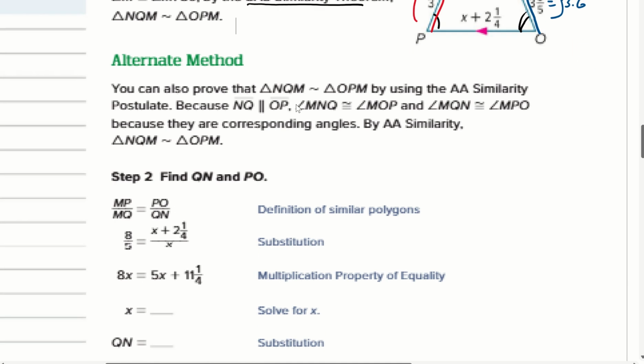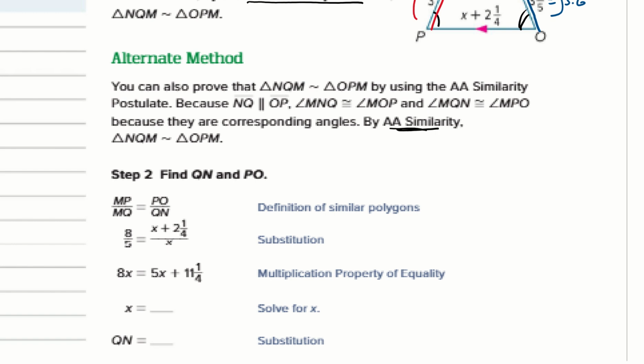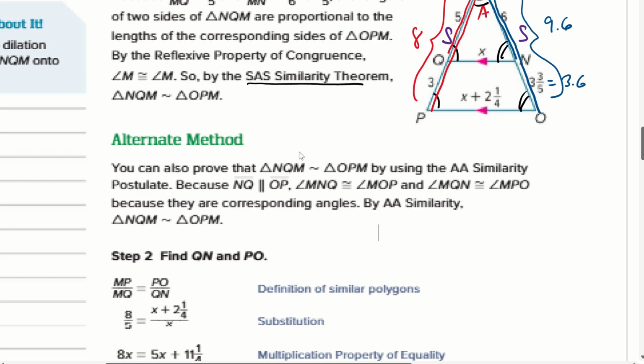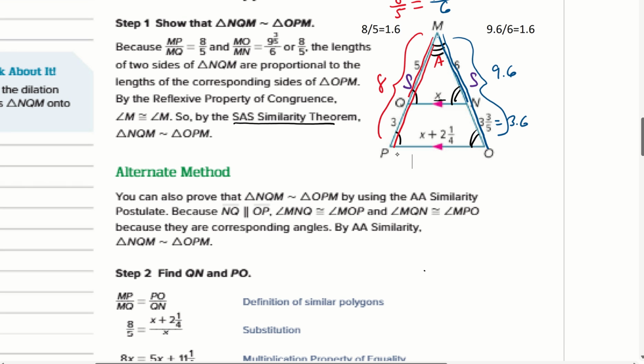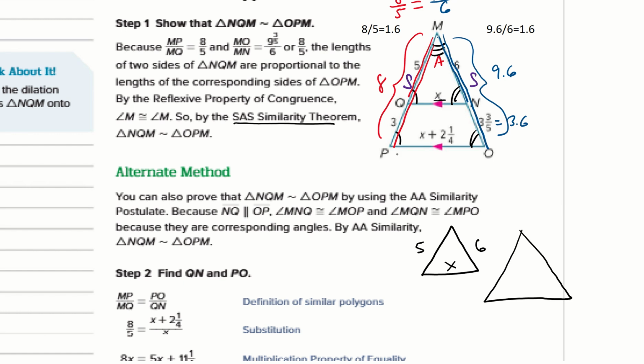All right, so find QN and PQ. This is talking about angle-angle similarity, which I talked about earlier. So now let's go ahead and solve for them. We want to look for x and then x plus 2 1/4. Let me draw out the two triangles. We got 5, 6, and x, and then the big triangle, which is 8, because 5 plus 3, 9.6, because that's what we got here, remember?